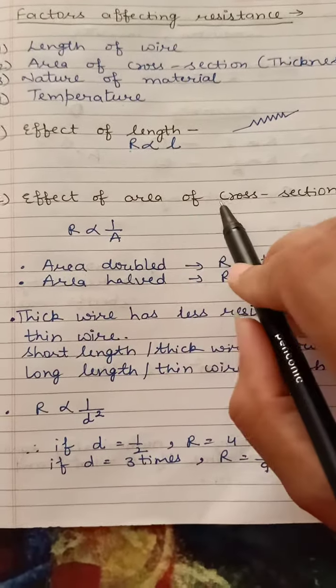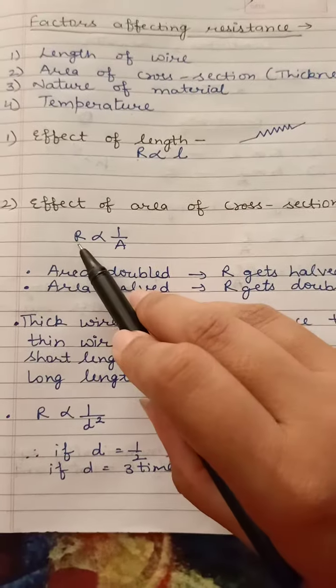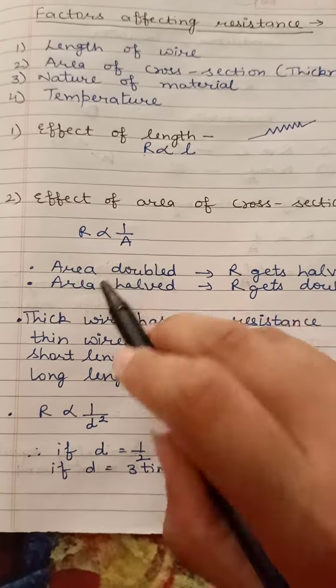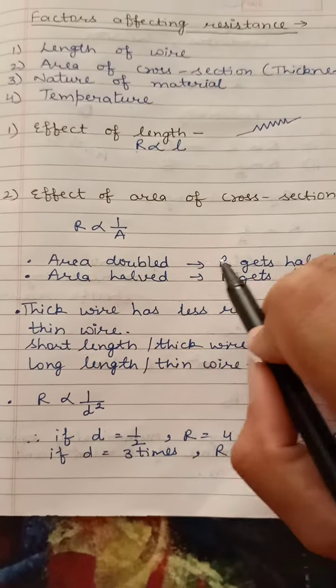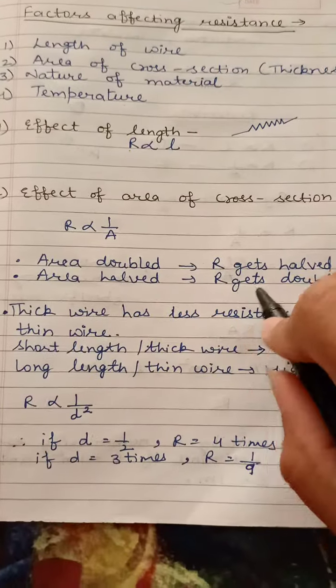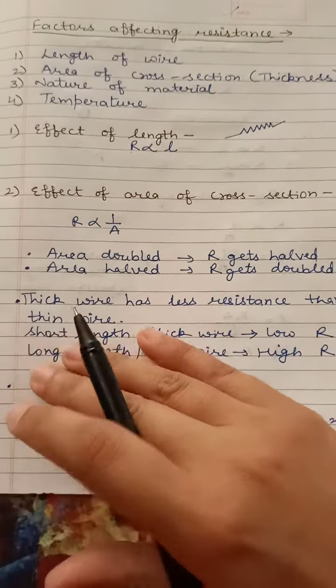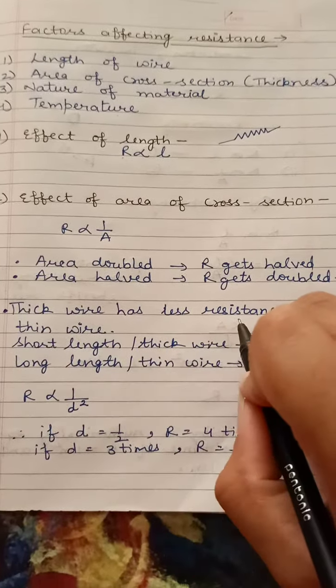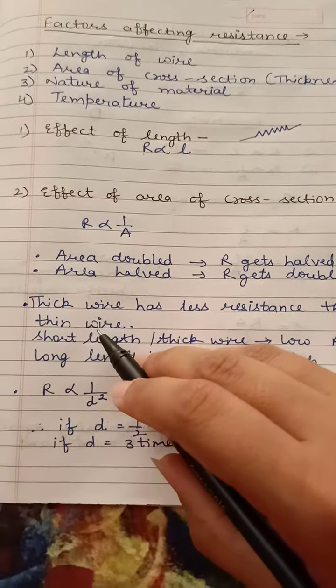Next is the effect of area of cross section. This resistance is inversely proportional to area of cross section. If the area becomes double, then R gets halved, and if the area gets halved, then the resistance gets doubled. A thick wire has less resistance than a thin wire.